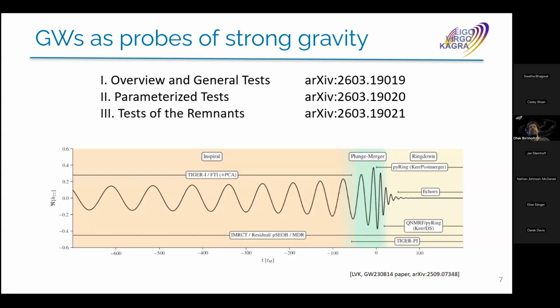So we have these three papers, and these three papers test general relativity using gravitational waves. Gravitational waves are a uniquely well-adapted probe for strong gravity. We often divide it into regimes in the morphology of the signal, this waveform, looking at the inspiral, the plunge and merger of two objects into a single final object.